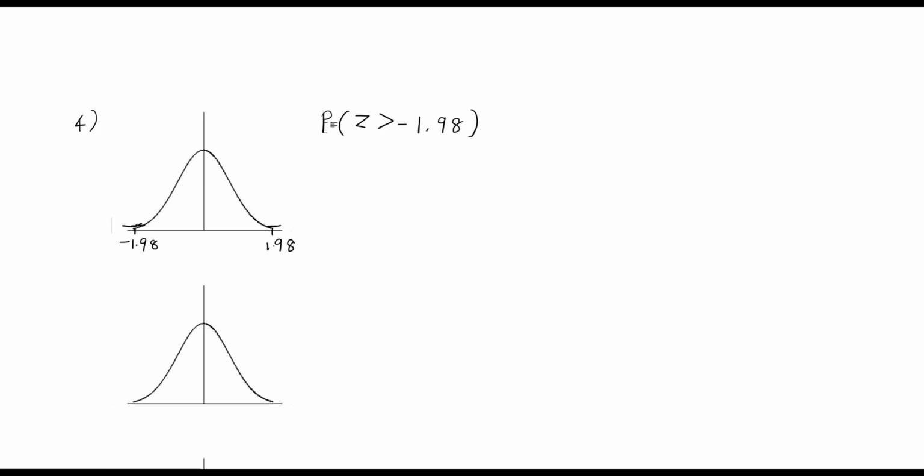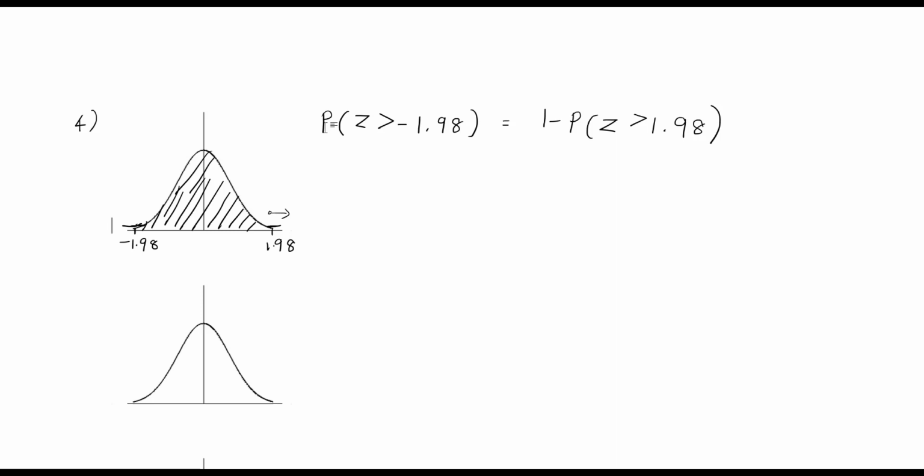The question asks to find z greater than negative 1.98, so you are looking for this area. You have this value, so it's equal to 1 minus the probability z greater than 1.98.